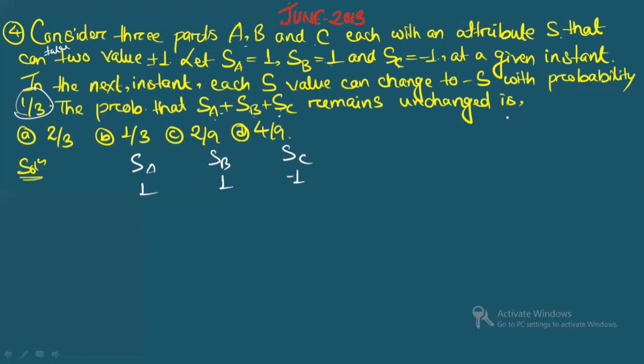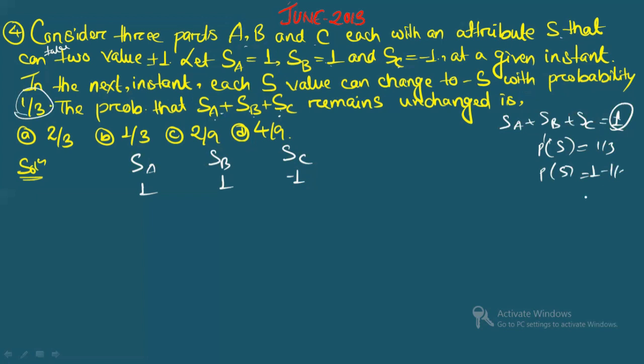For the given values, SA plus SB plus SC is 1, right? The sum will remain 1. For that you will have to calculate the probability. In the next instant each value of S can change to -S. The probability of changing, I am denoting it by P prime S, is 1/3. So the probability for not changing will be how much?